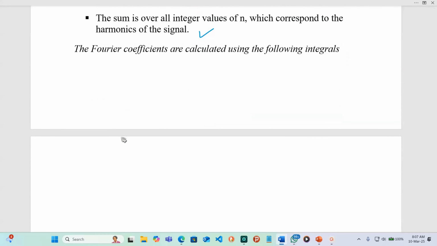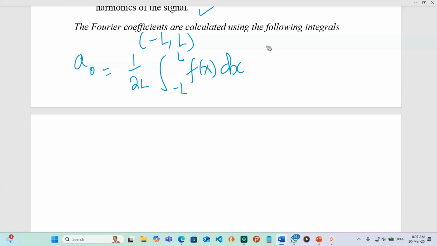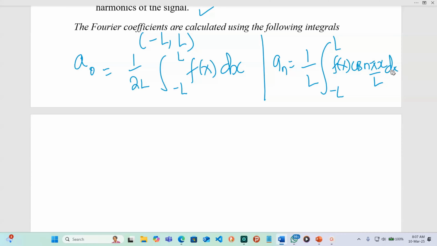So let's see how these coefficients are determined. If we have the function defined over the interval negative r to r, then a naught is going to be 1 out of 2r integrating from negative r to r f of x dx. Then a sub n is going to be 1 out of r integrating from negative r to r f of x cos n pi x out of r with respect to x.